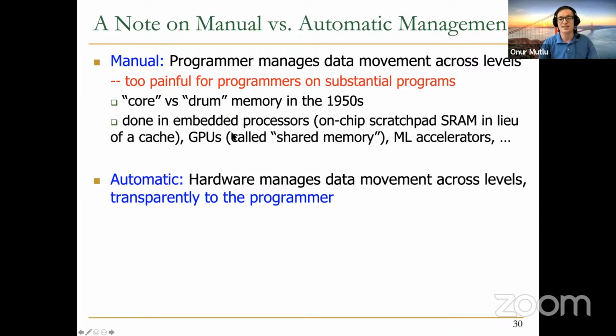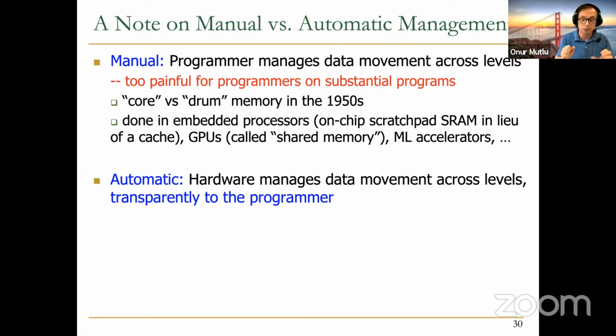In general purpose systems, you had core versus DRAM memory in the 1950s, all the way into the 1970s, and essentially the programmers managed multiple levels of memories. Today, there are some systems that have something like a cache. I don't want to call them caches necessarily, but these are scratchpad memories that the programmer can manage.